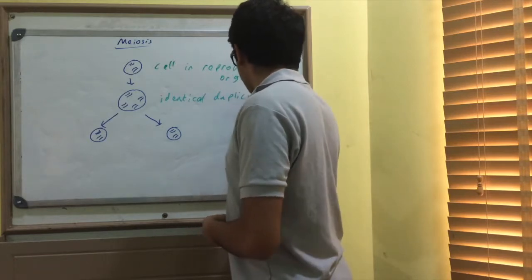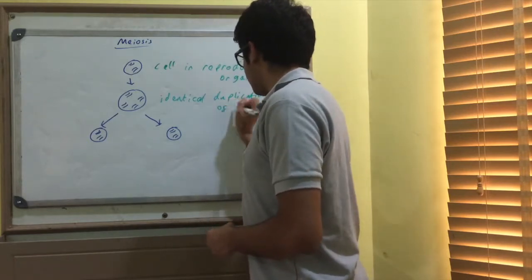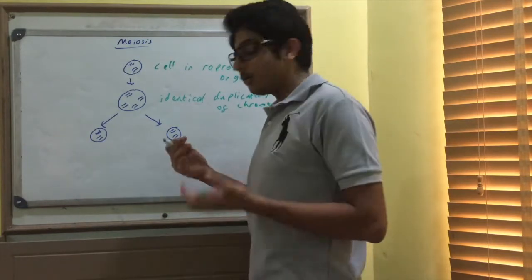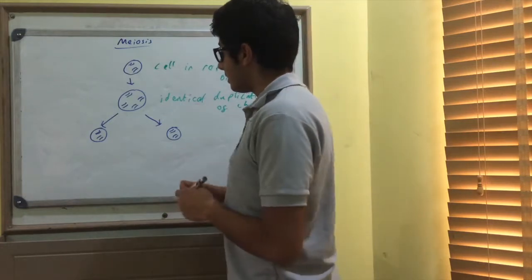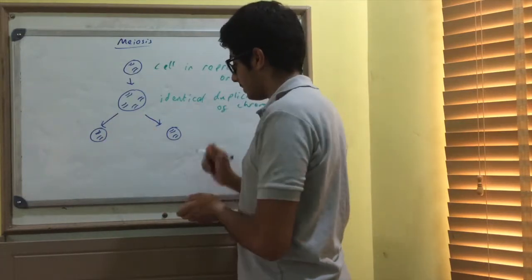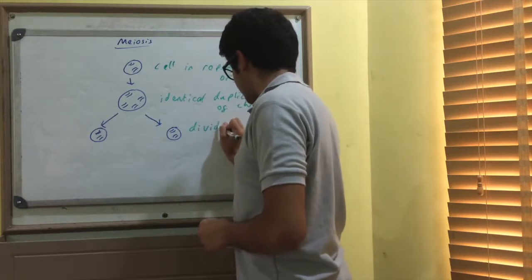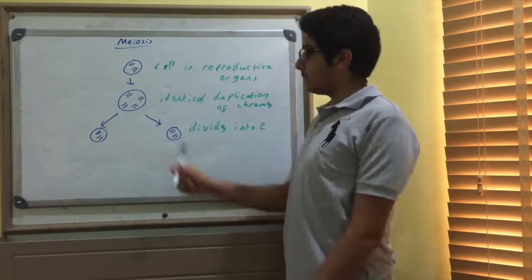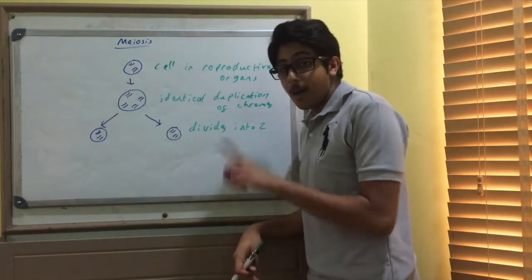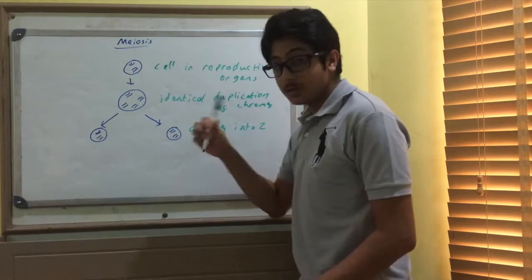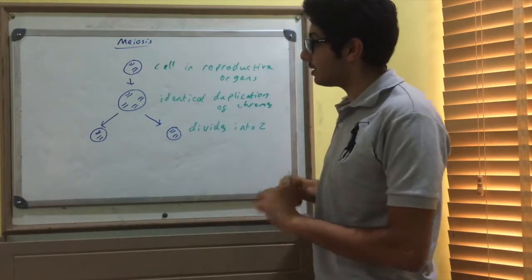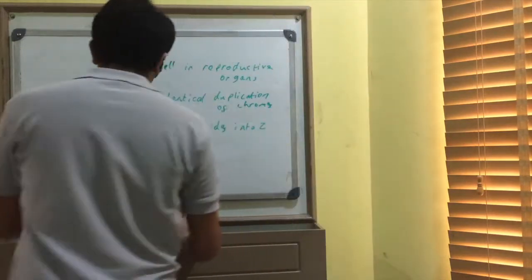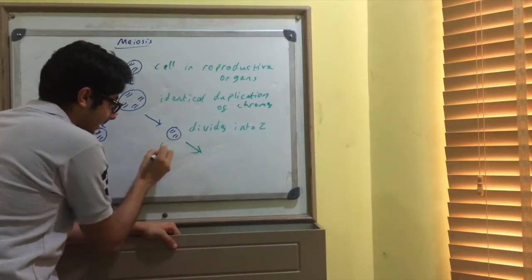And then after it does that, it divides into two to form two daughter cells with, of course, the identical copies. Wait a minute, this is just mitosis. But there's one more stage in the cell division of meiosis which differentiates it from mitosis. The cells divide again.